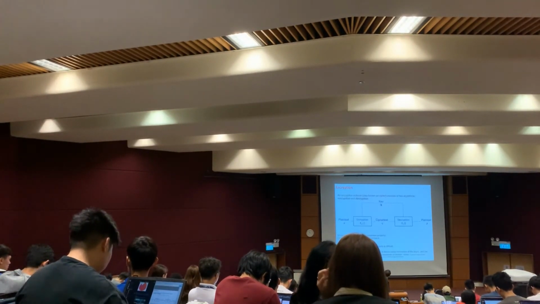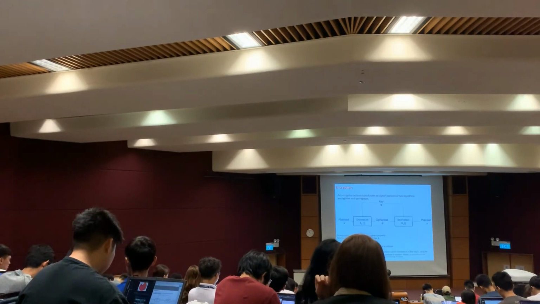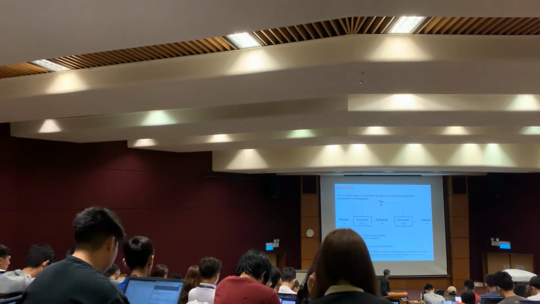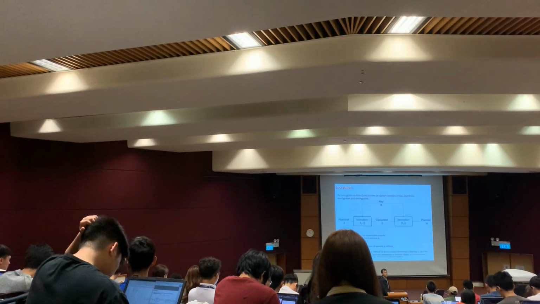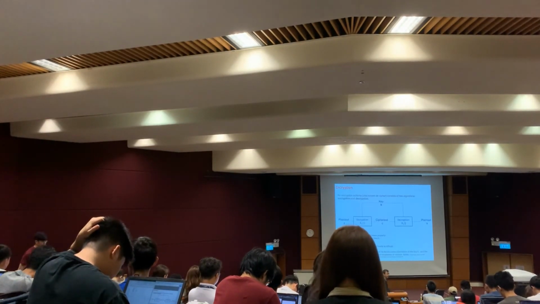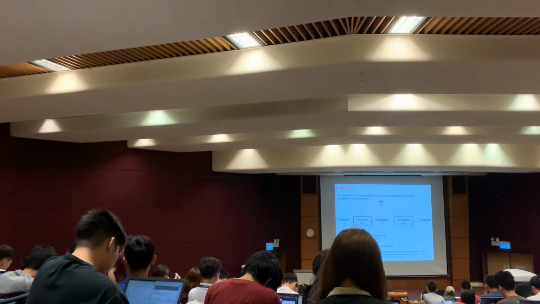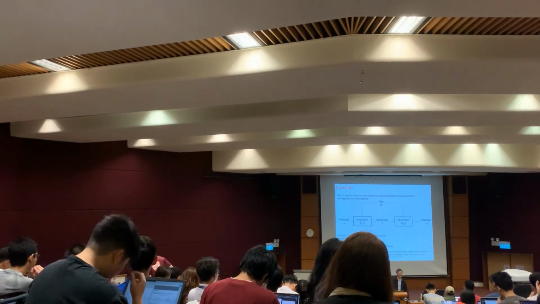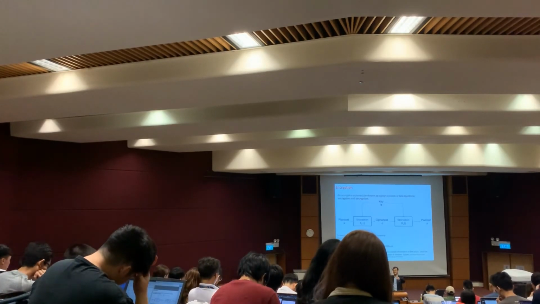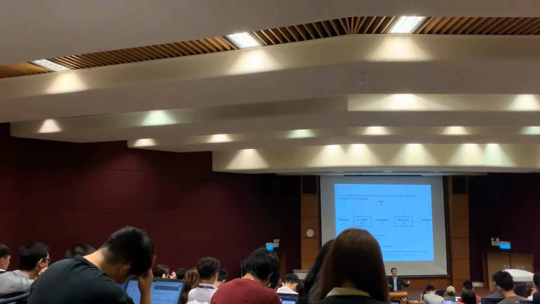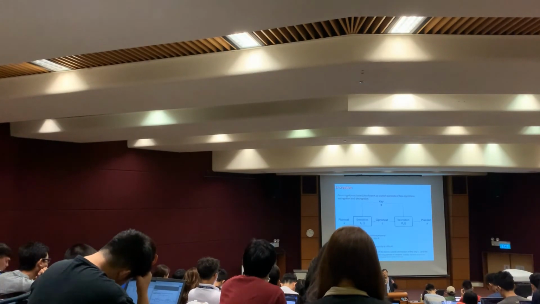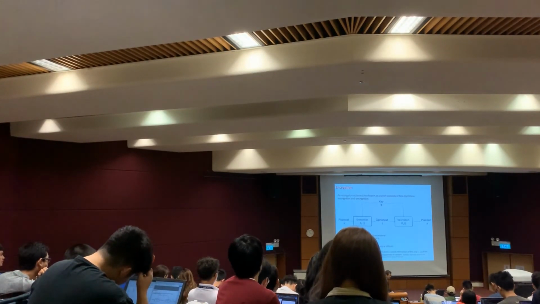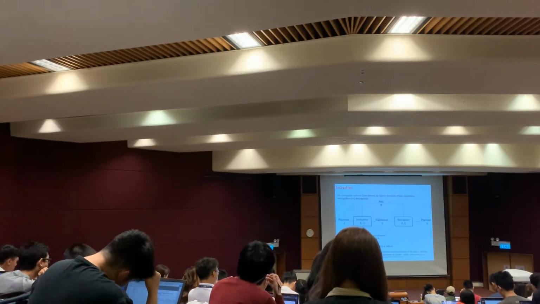There's a secret key, a ciphertext, a plaintext. It's a main requirement that these must be the same: you encrypt something, and after you decrypt it, you must get back the same thing. This is the correctness of the encryption scheme.